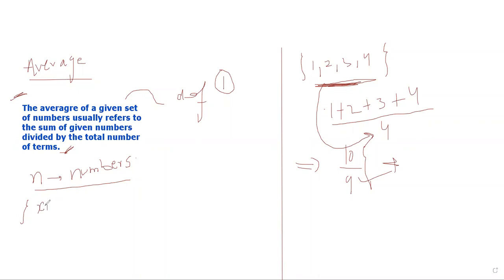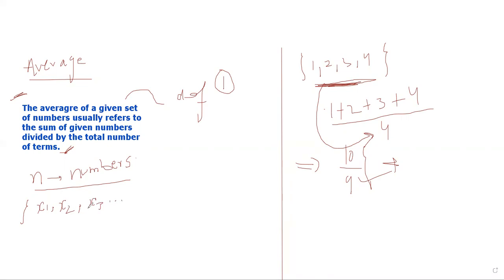You can just say these are numbers, but unknown numbers which are not known to us. I'm just giving a general example. I have x1, I have x2, and my dear friends, I have x3.